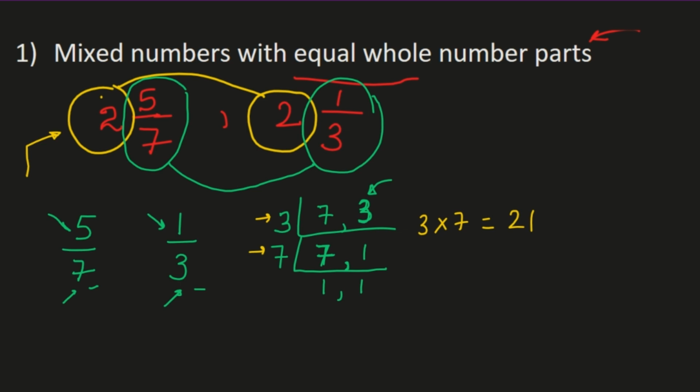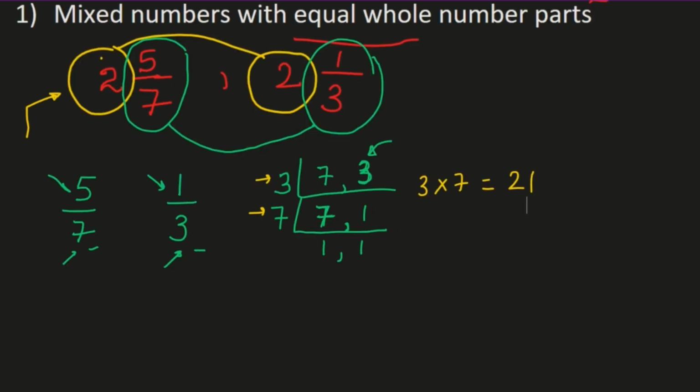Understood? Okay. So you don't need to find it actually. If both the denominators are prime numbers, you can simply multiply them with each other. So 7 into 3, it's 21. Now you need to convert this 7 into 21. What do you do? You should multiply the denominator by 3 in order to convert it into 21.